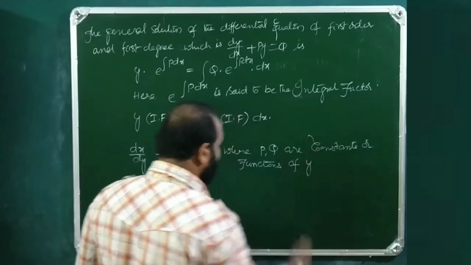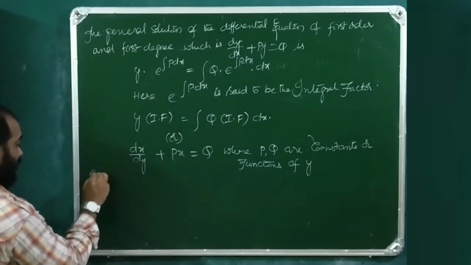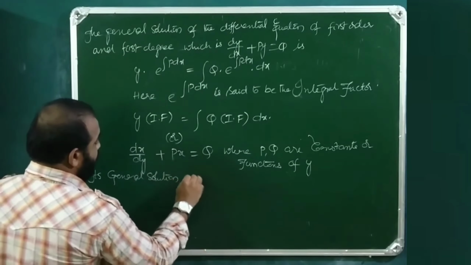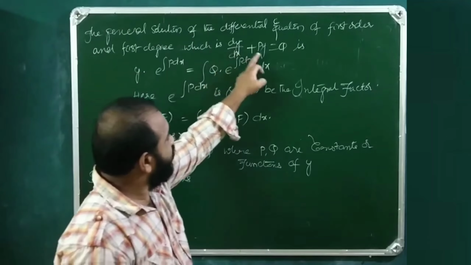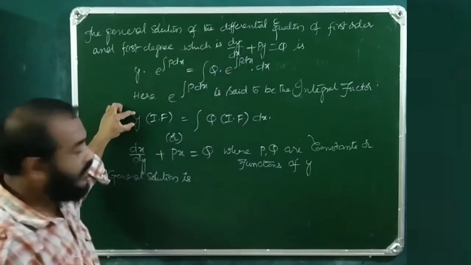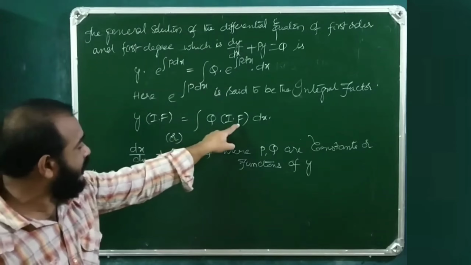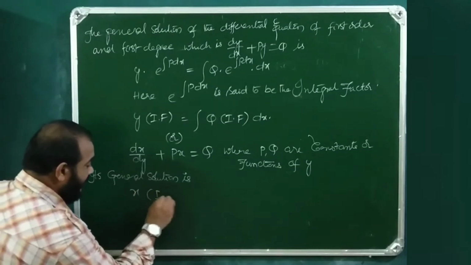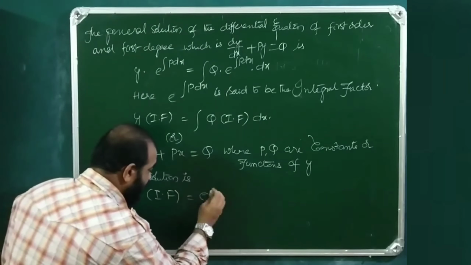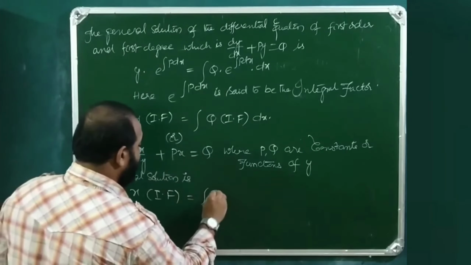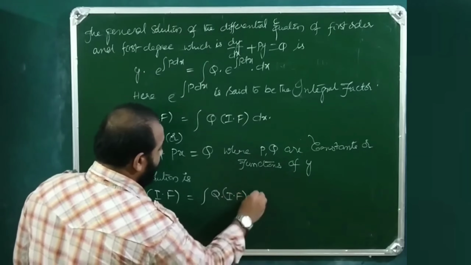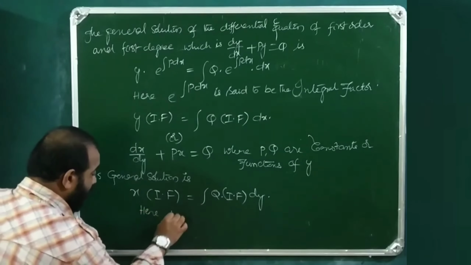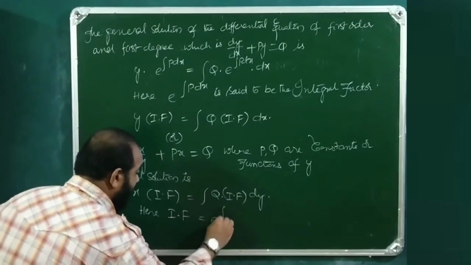Now, its general solution: since this is dy by dx plus py equals q, I started with y here. y into integral factor is equal to integral q into integral factor into dx. So here I should start with x. x into integral factor is equal to integral q into integral factor into dy. So here, can you guess, integral factor is equal to e power integral p dy.